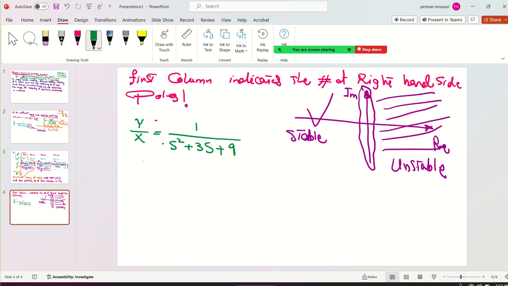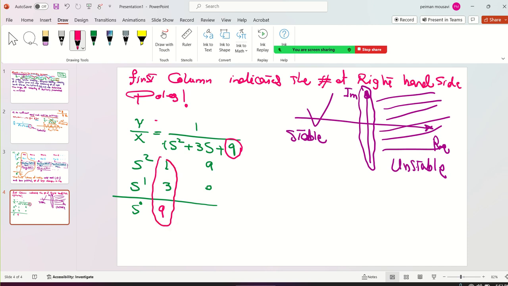Bingo. Second one, you're going to make this s squared, s1, s0. So it's going to be 1, 9, as I told you. And then 3, here is 0. We have nothing. Last line, I told you take from where? From this constant, 9. All first column exists and positive. Your system is stable, and it is.